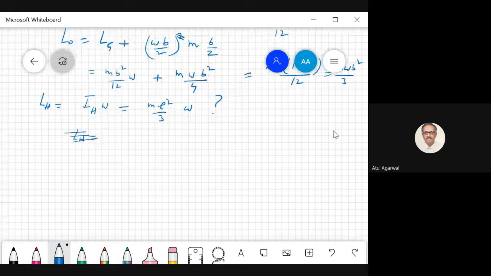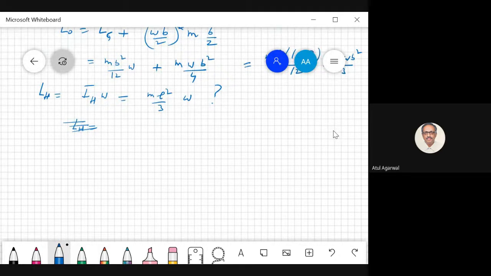It is always good to go back to the fundamentals. This is a point H. You want to find angular momentum with respect to H.